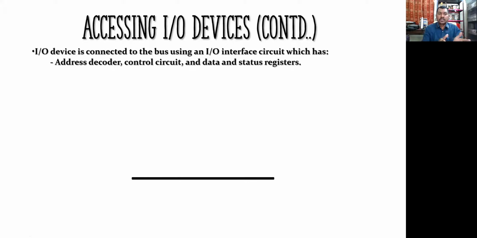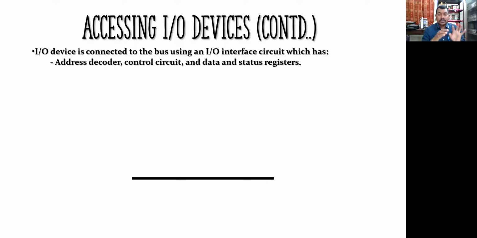So before using the input output devices or the bus, we require these interface circuits. We mainly require four interfacing circuits. The first one is the address decoder, because we need to specify which input output device we need to communicate with. The second one is the control circuit, which is going to control both the processor as well as the input output devices and the bus address lines, control lines, all.